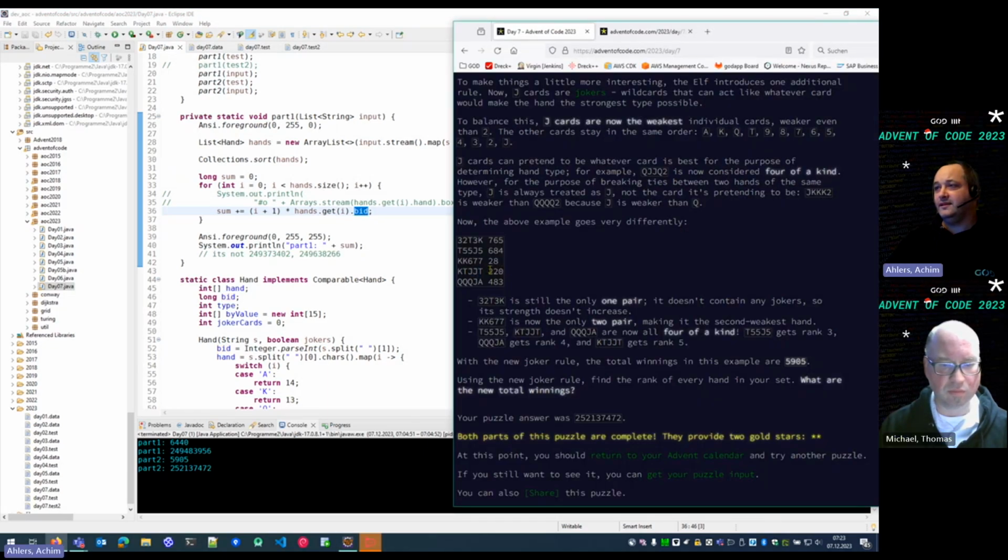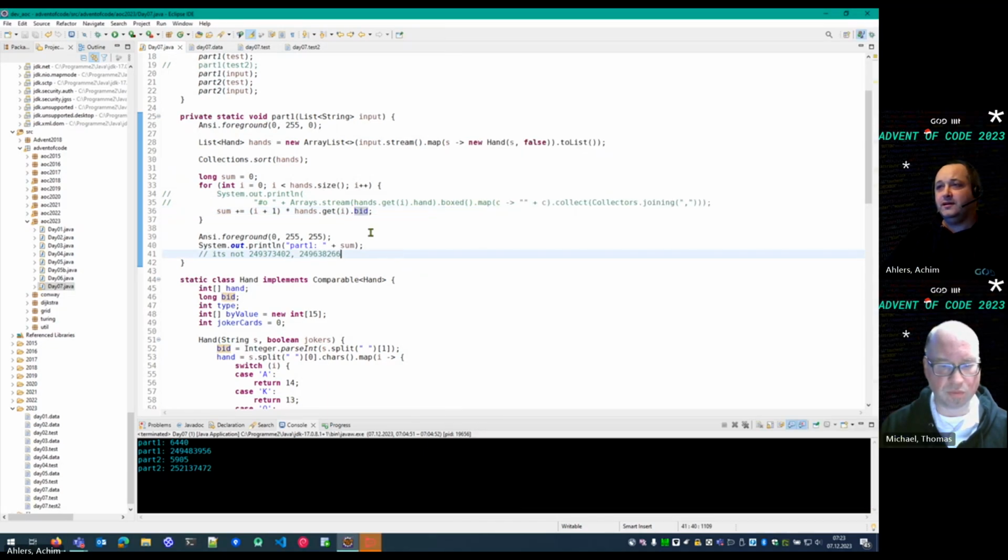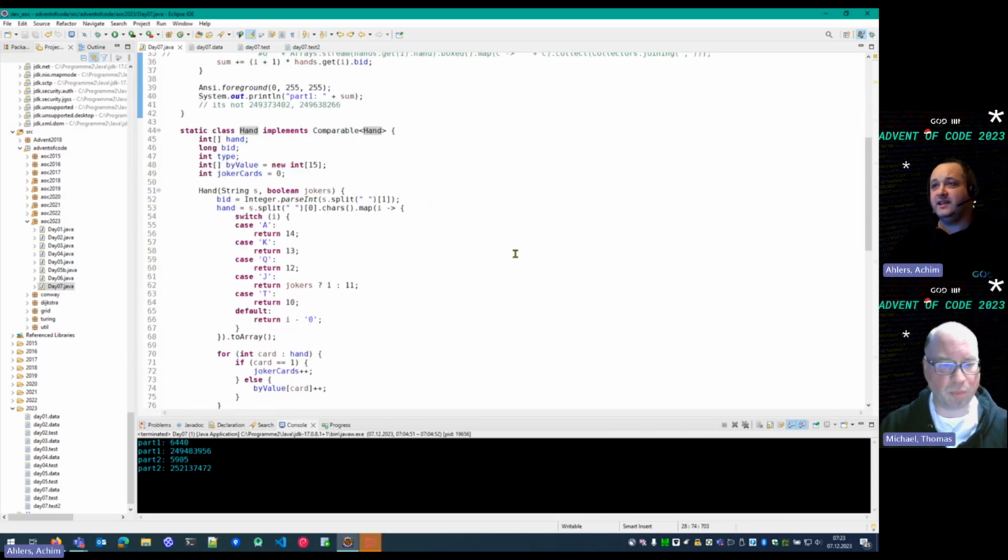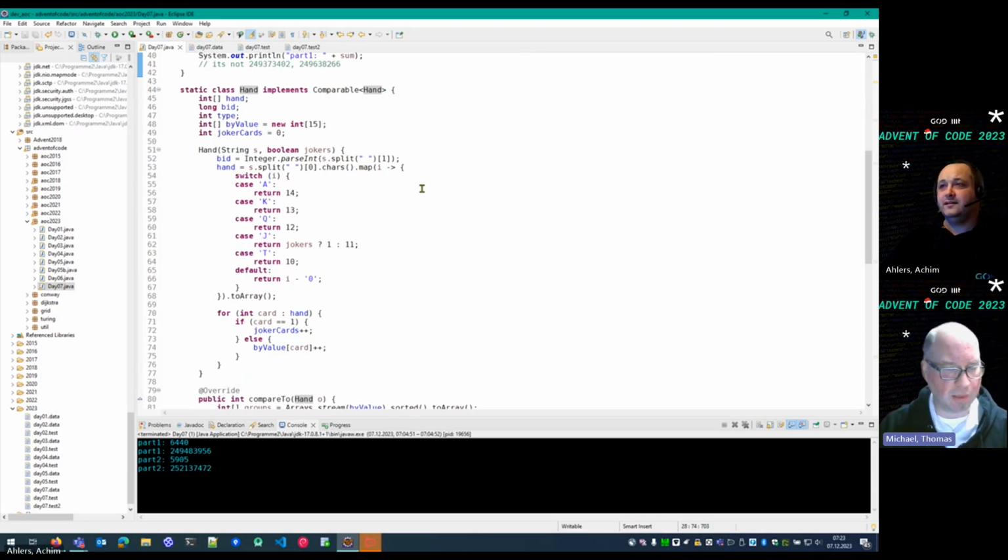Yeah. This one. And we get a result. That is similar for both parts. The difference is how we process those hands, and I have integrated it directly into my constructor. So you have both riddles in one code this time? Yes. Okay.